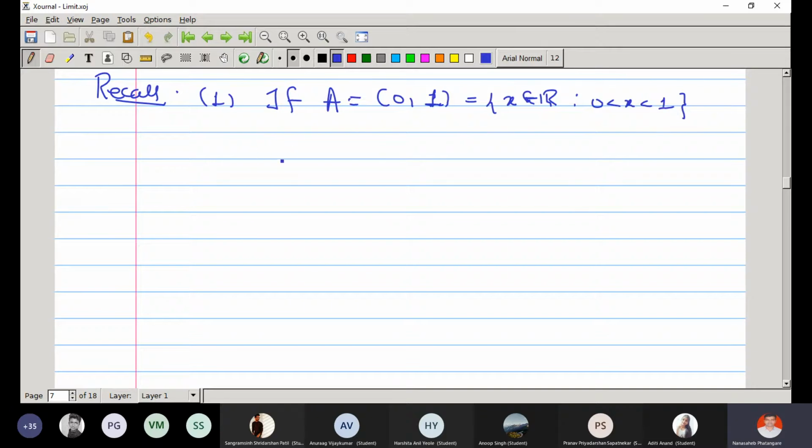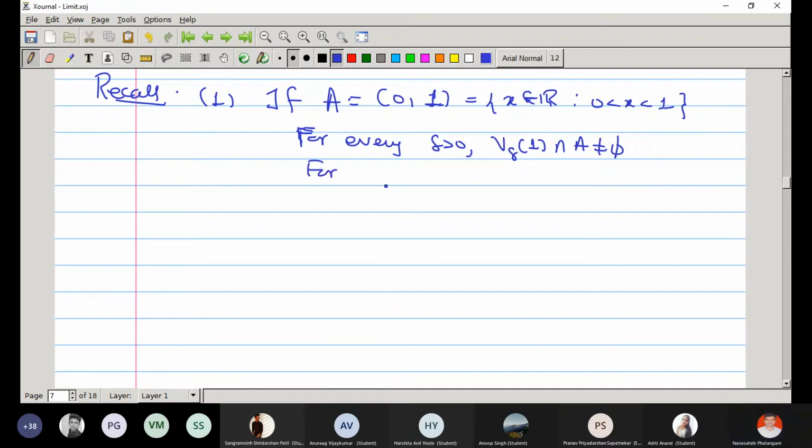Now for this set what we found, for every delta, the delta neighborhood of 1 intersection with A is non-empty, right?